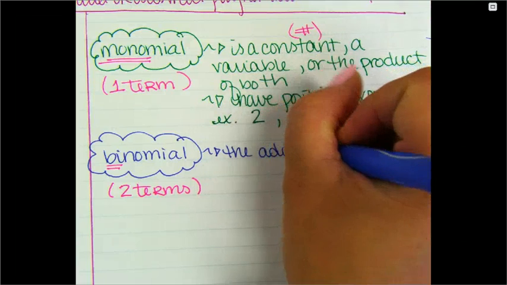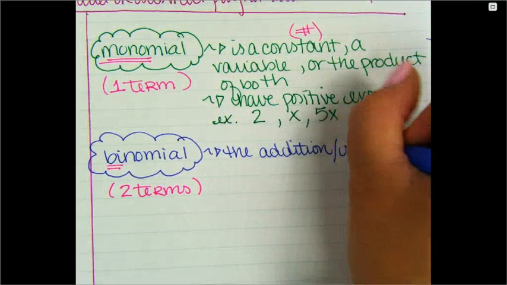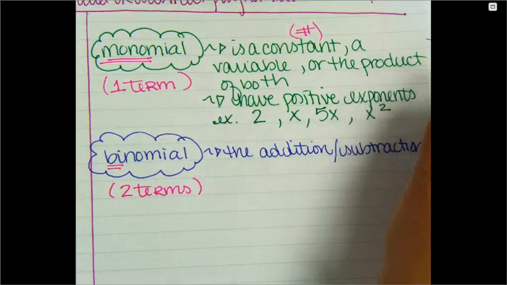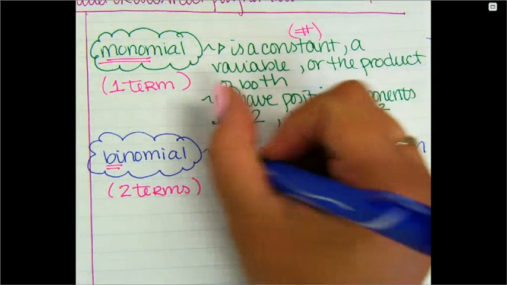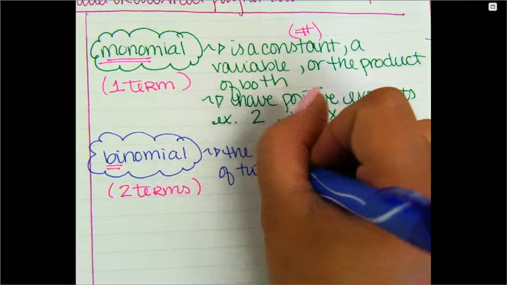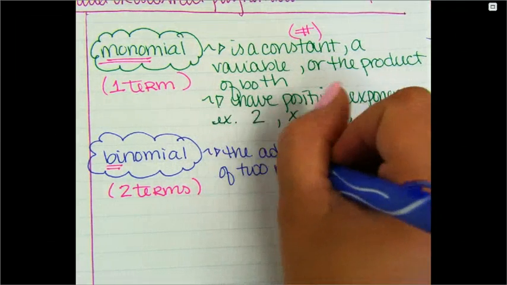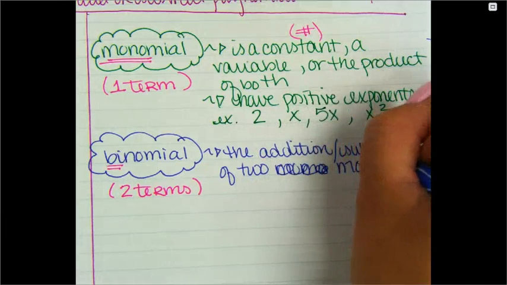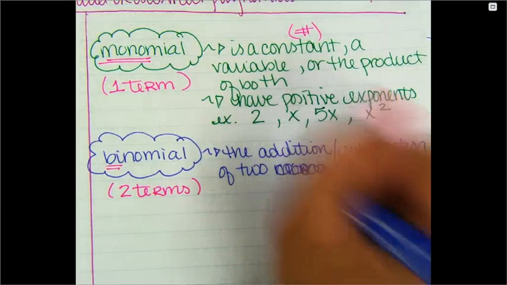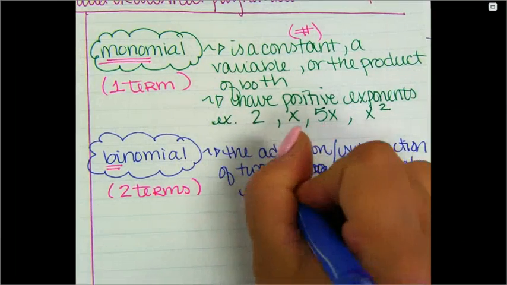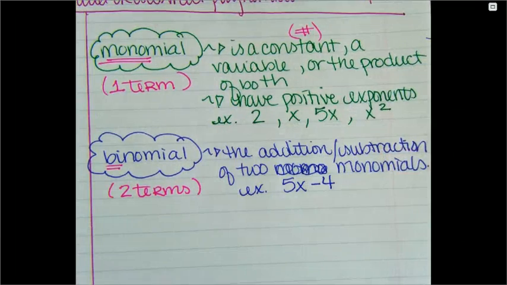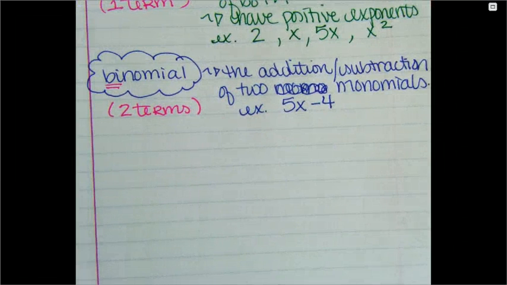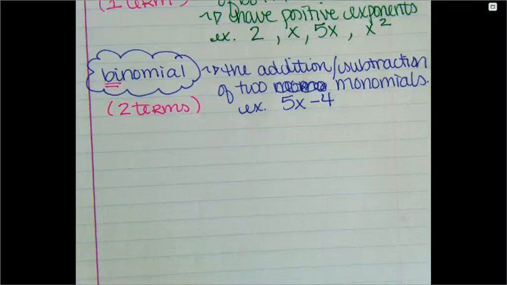It's the addition or subtraction of 2 monomials. For example, 5x minus 4. 5x is a monomial, negative 4 is a monomial. We put them together, we get 5x minus 4. You don't get to add them. They're not the same. You learned how to combine like terms in IM1 or refreshed your memory. Okay?